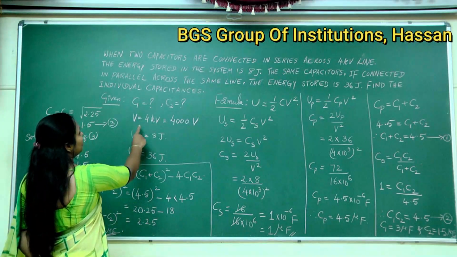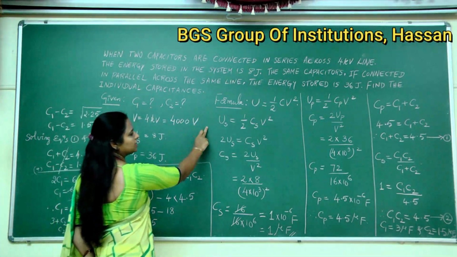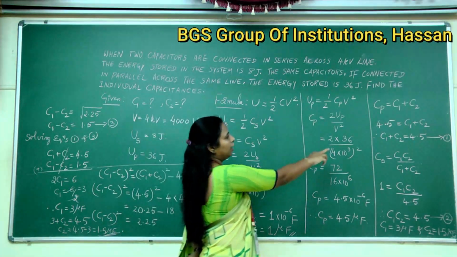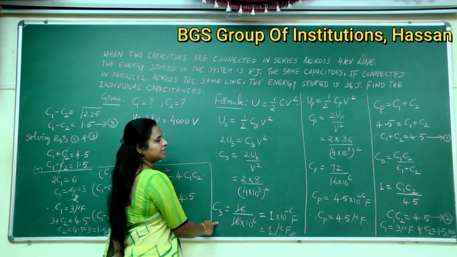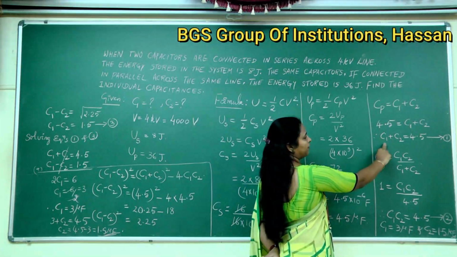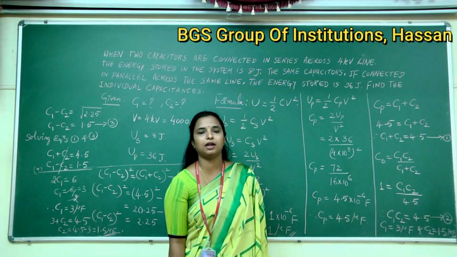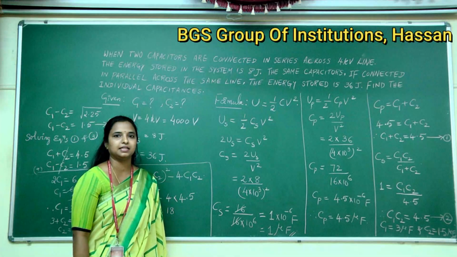The same capacitors will be connected once in series and again in parallel combination. In both the cases we will calculate Cs and Cp, and by using the effective capacitances formula we can arrive at the value of individual capacitances.